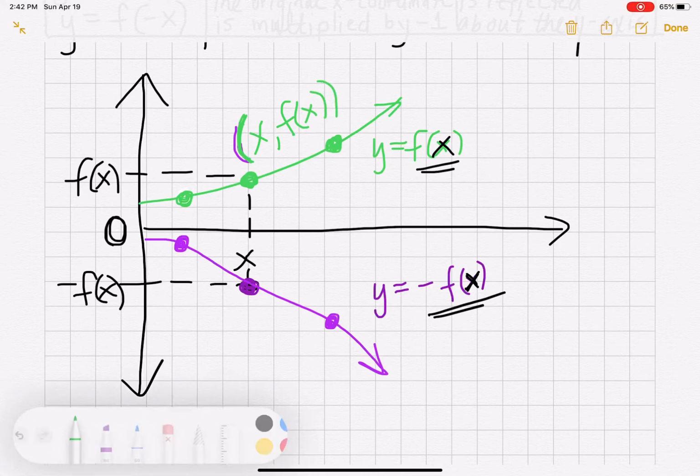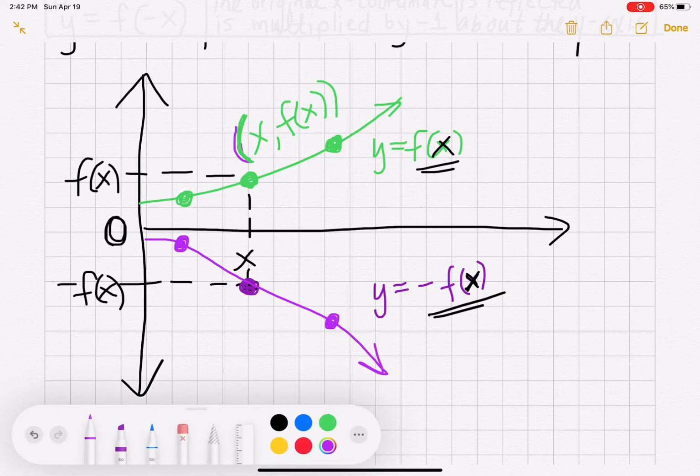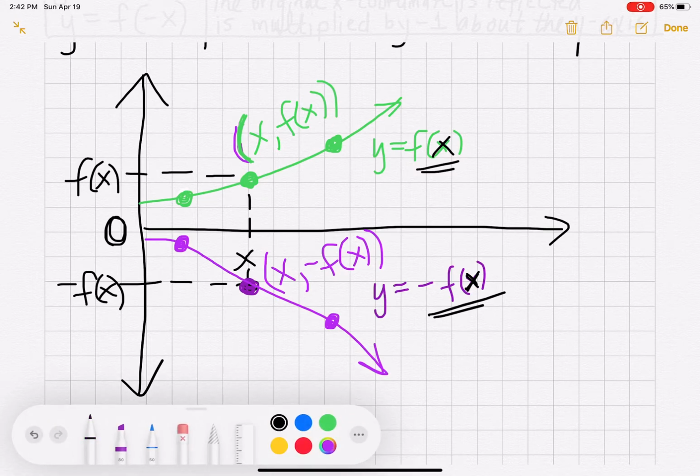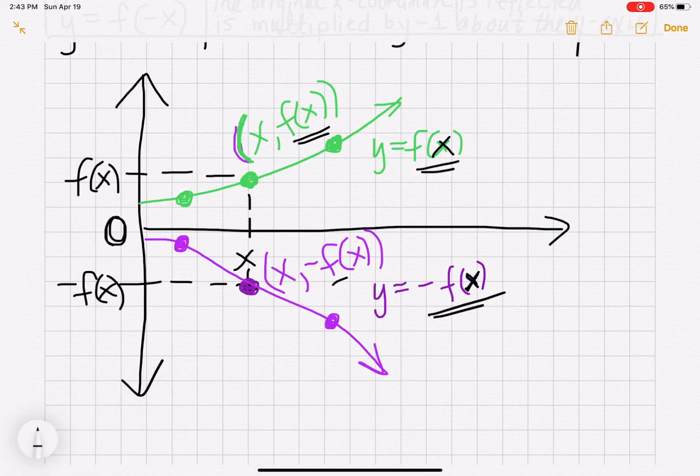The point on the other side that got flipped, that's called what? x, comma, negative f of x, right? The output is negative f of x. So essentially what we did, we took the y value here, which was f of x, and multiplied it by negative 1 to get negative f of x. So really we're multiplying all the y values by negative 1, which is reflecting the graph about the x-axis.